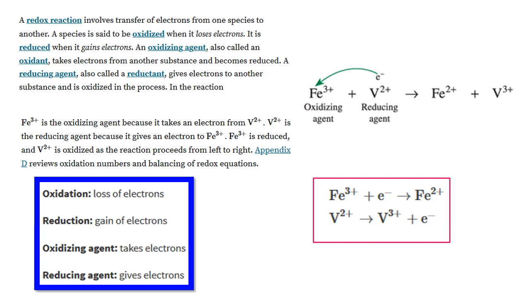Fe3+ is reduced and vanadium 2+ is oxidized as the reaction proceeds from left to right. You can find oxidation numbers and balanced redox equations in Appendix D. So oxidation is loss of electrons. Reduction is gain of electrons. Oxidizing agent takes electrons. Reducing agent gives electrons.